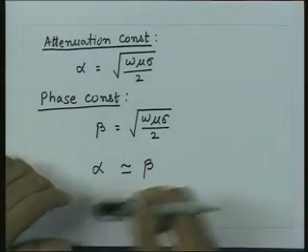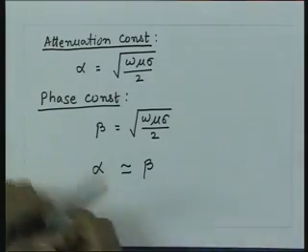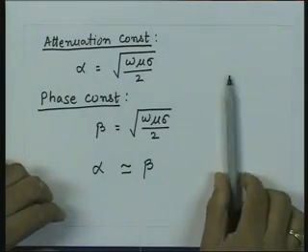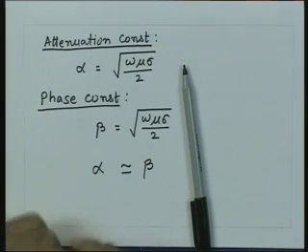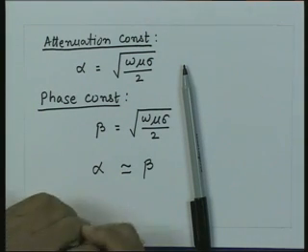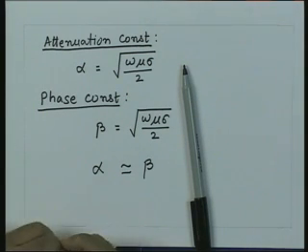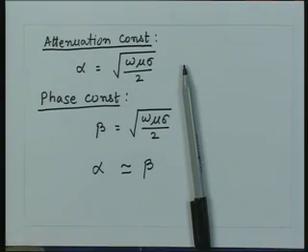Now if we go back to our understanding of the transmission line, we had characterized the transmission line as a lossy line whenever we have the attenuation constant comparable to the phase constant. In this situation, the attenuation constant is equal to the phase constant. That means if we want to visualize this medium similar to a transmission line, this is an extremely lossy transmission line.